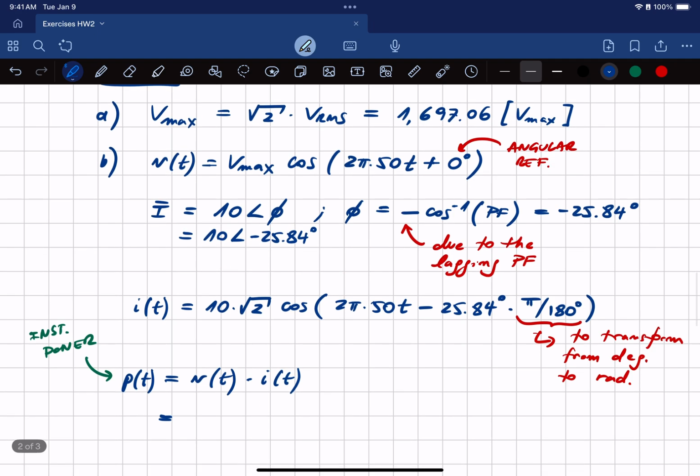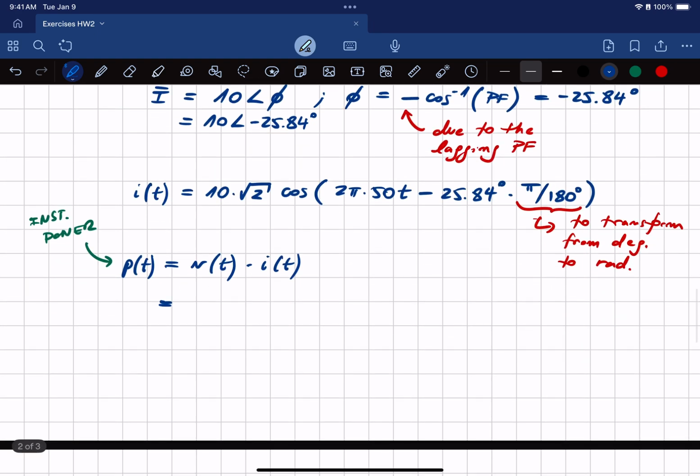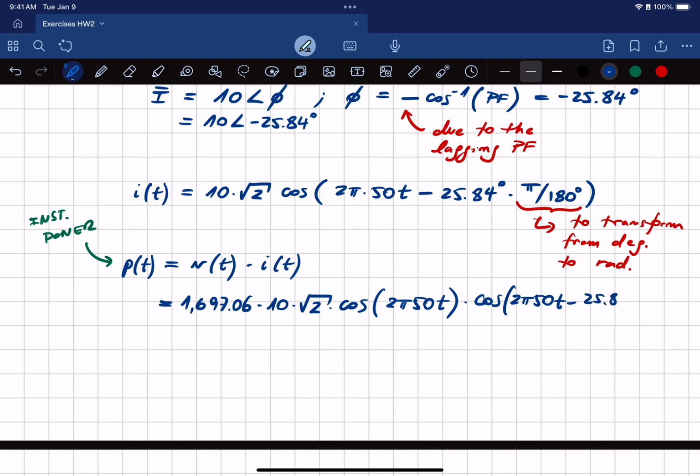We multiply those two things, we're going to get V max, which is 1697.06 times 10 times square root of 2 times cosine of 2 pi 50 t times cosine of 2 pi 50 t minus 25.84 times pi over 180. Okay, that's the function in time.